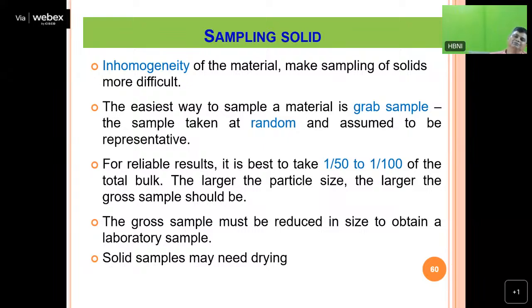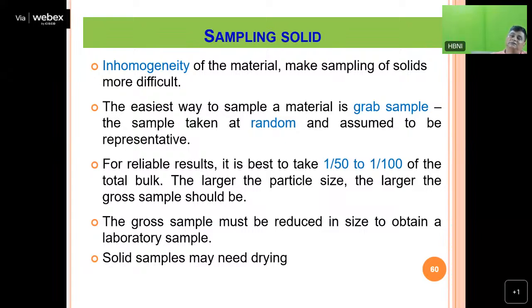You can just take a grab sample out of it, or collect a few random samples from different parts of that rock and assume it represents the complete rock. But when you submit your results to any authority, you have to say that this has been done by grab sampling, that some random sample has been taken, and the results are based on that.